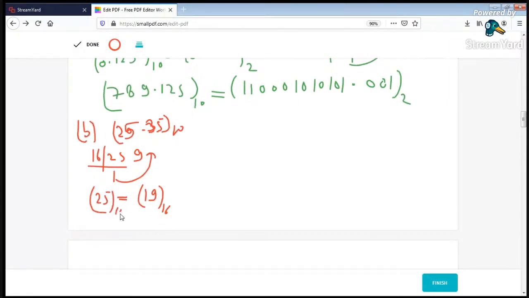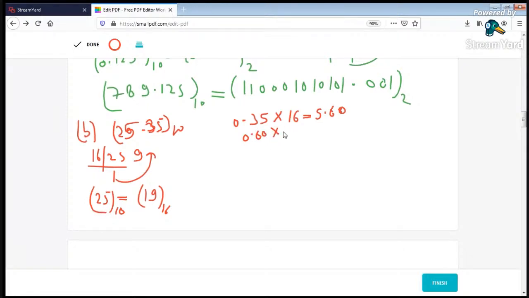Now similarly for the fractional value 0.35. The fractional value is decimal and we need the answer in hexadecimal, so multiply by the desired base 16. 16 into 0.35 gives 5.60. After the decimal point, whatever the digit, you pick that and multiply again by the desired base.